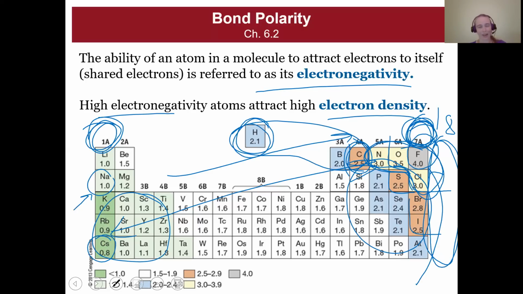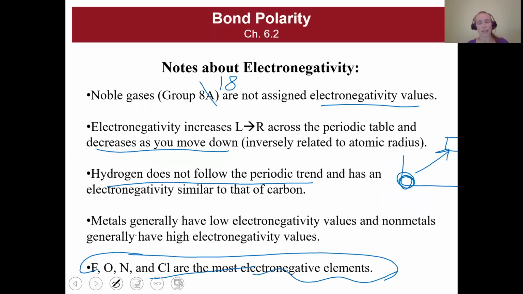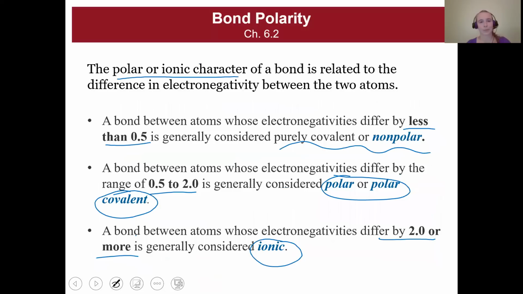And nonmetal with nonmetal is a covalent bond, which we learned back in chapter 5 as well. But now we can differentiate a little bit, and depending on the electronegativity difference, we can say whether it's a polar covalent bond or a nonpolar bond. So we can specify a little bit more and learn a little bit more about the bonding.